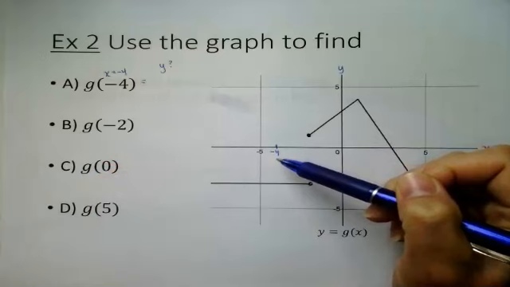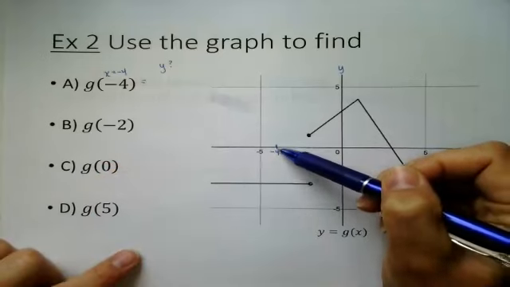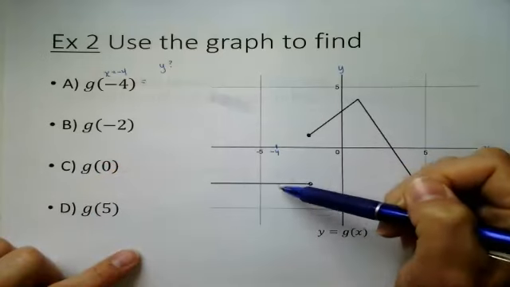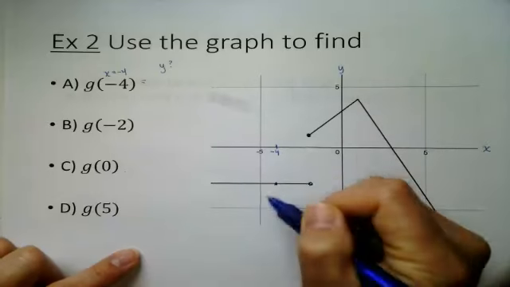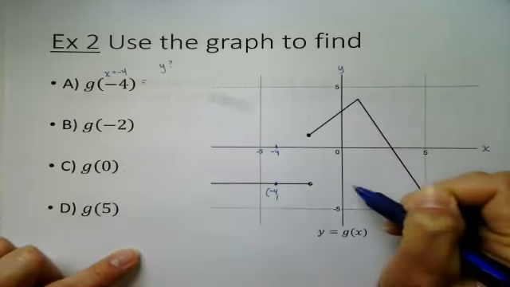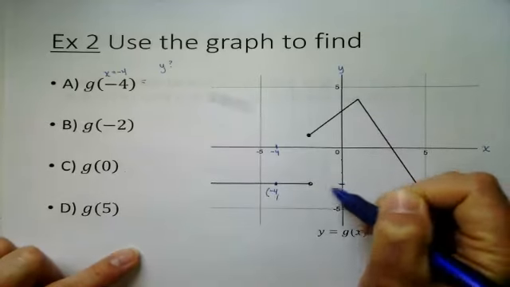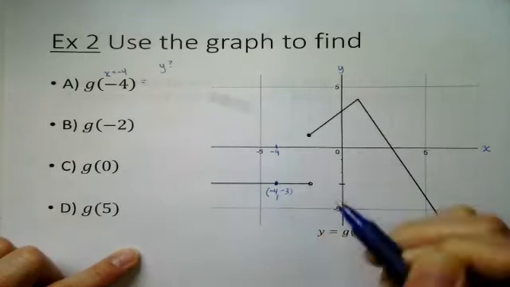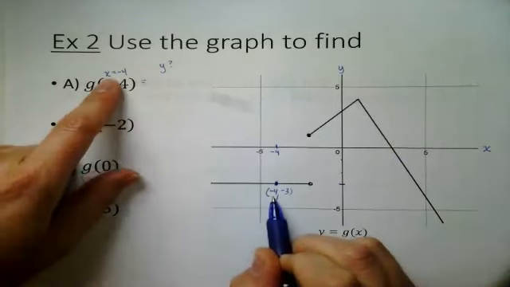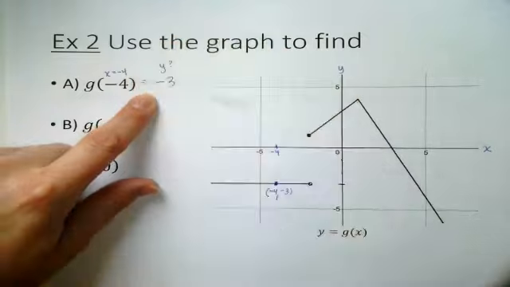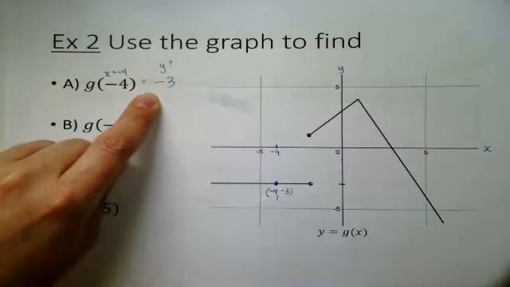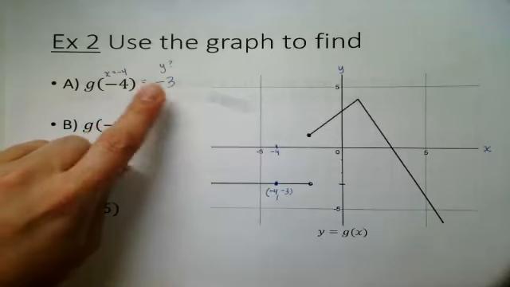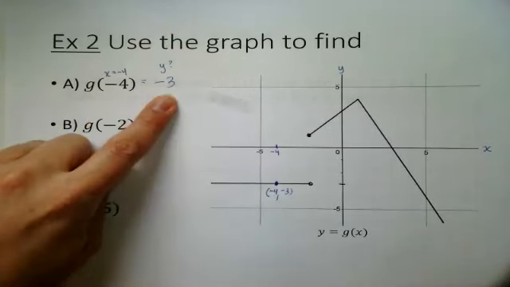And we're going to go and find the corresponding output value. So where does the graph appear? Right here is the output value, -4, 1, 2, -3. And so when we have an input value of -4, the output value is -3. So we're just really finding the coordinating point on our graph. So you can see the input, output, ordered pair, -4, -3.